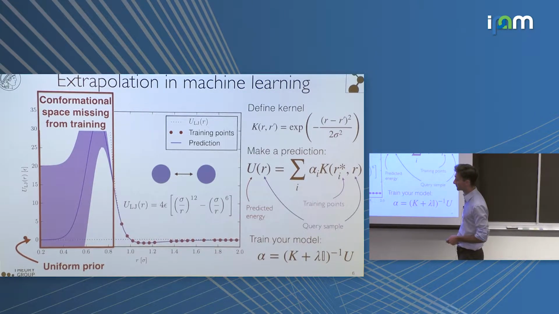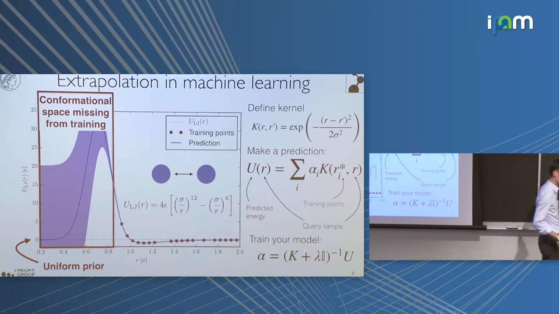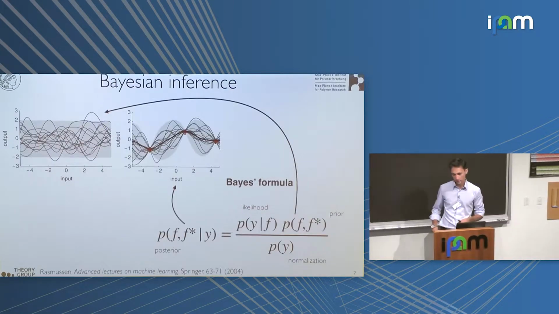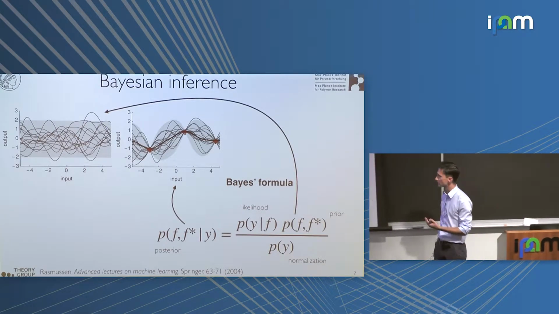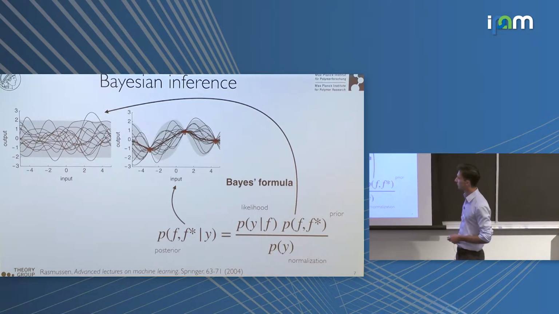One nice thing about this kernel regression is that it goes pretty much exactly to 0. And it's not a coincidence. It's because I've added a uniform prior here. The prior comes from the Bayesian scheme of the problem. In this Bayesian framework, I'm trying to make a prediction for my function value, and there are basically two ingredients: the likelihood and the prior.